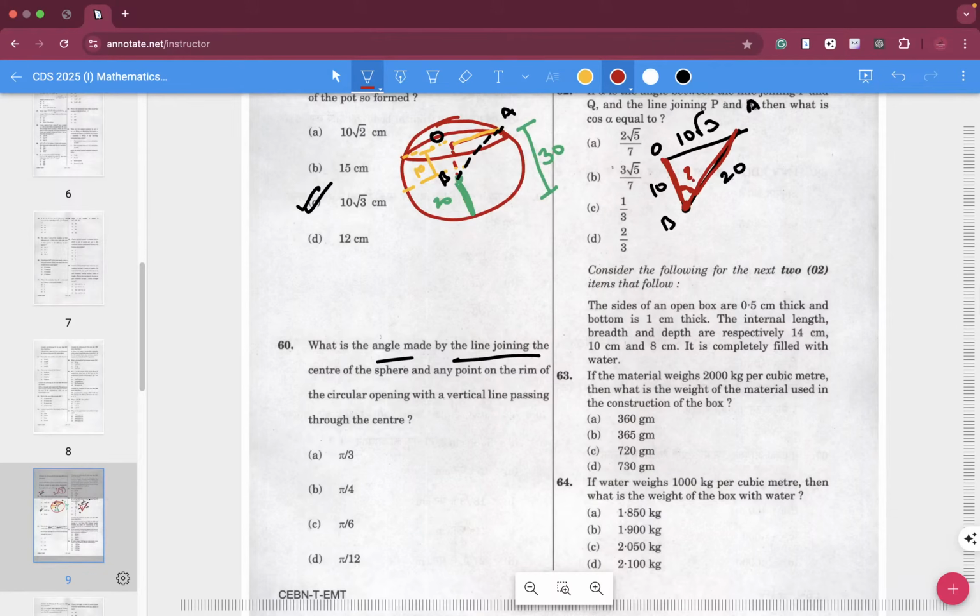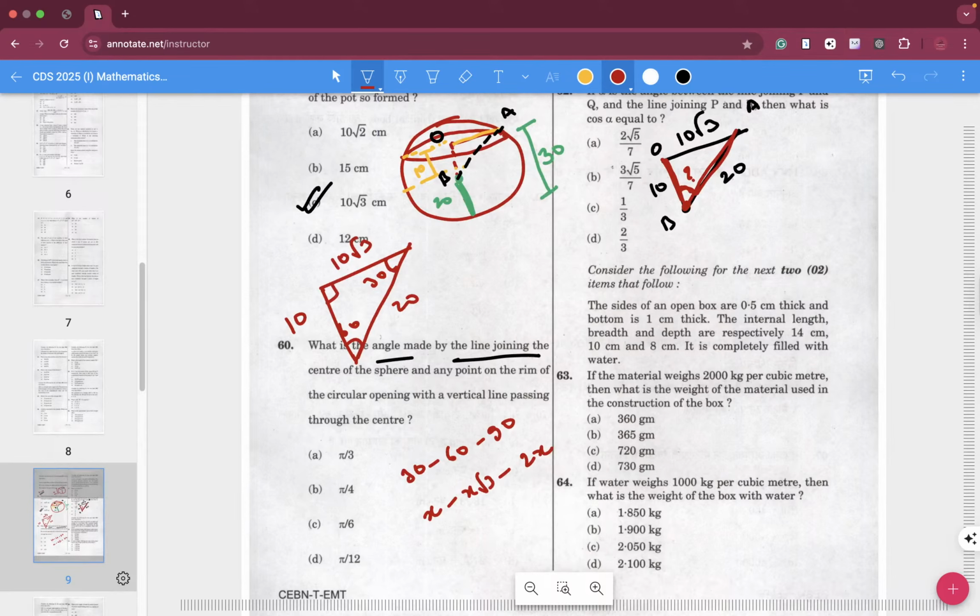In a 30-60-90 triangle, I have taught you in advance in my classes that if the side opposite to 30 degree is, let's say, x, the side opposite to 60 degree will be x root 3, and the side opposite to 90 degree will be 2x.